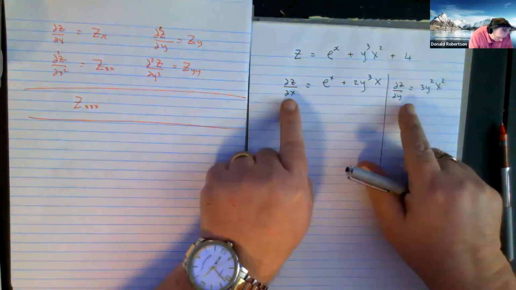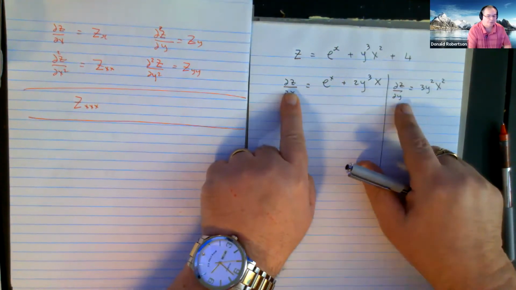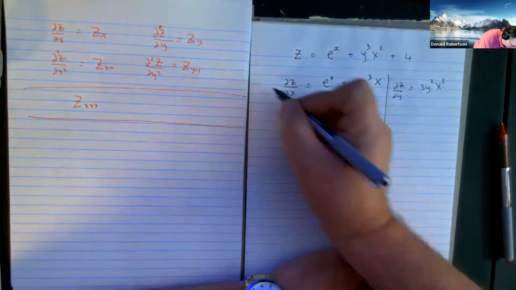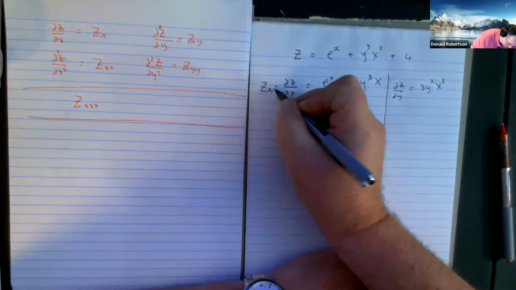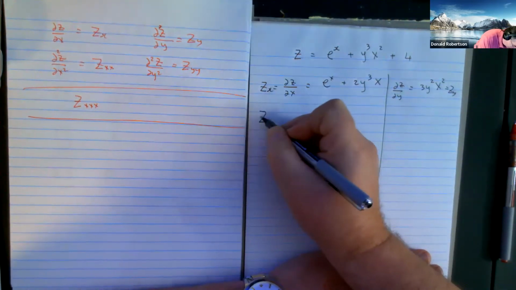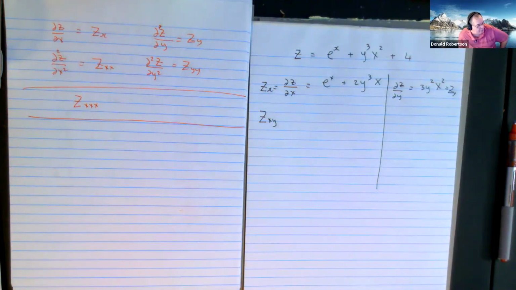You might think I'm now about to do a second derivative with x and a second derivative with y, but no. In fact, I'm going to call this guy zx. I am going to do that guy. This is the weird stuff.